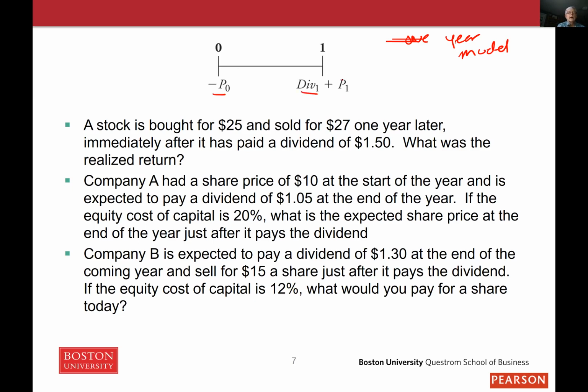There's a dividend and a price that makes up your total amount of cash that you're getting at the first year. And there is a cost of equity that equates those two numbers. So if we give you 3 of those, you can solve for the other one. You could also figure out what the capital gain is going to be. The first problem has you do the return. The second one has you do price at time 1, and the third one has you do price at time 0.